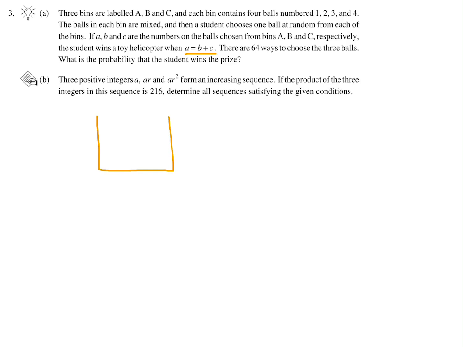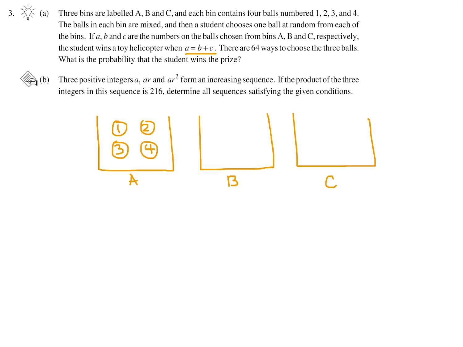So we've got bin A, bin B, and bin C. Now let's place those balls in each of these, so we have 1, 2, 3, 4 in each. What is the scenario here?